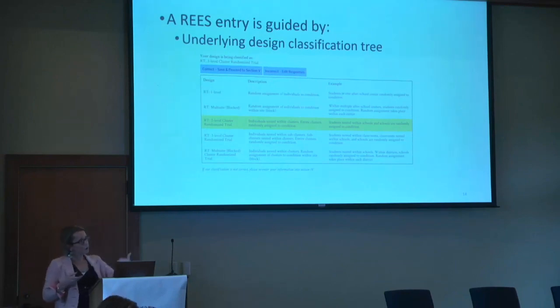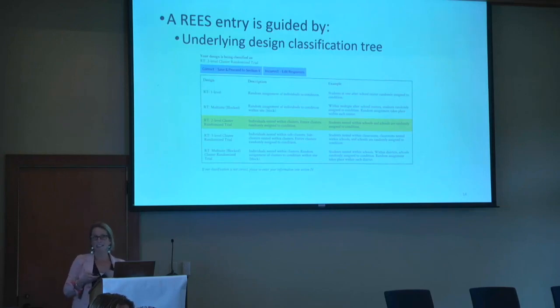You go through your series of questions about a study design, and based on your responses, your more specific design classification is going to be noted here. And so it asks, hey, is this really what your design is? For example, you answered a set of questions. It's going to say to you, oh, okay, you have a 2-level cluster randomized trial. And if you agree with that classification, then you would want to move forward from there. And if not, then something is amiss in terms of your responses to the questions and what's going on underneath.